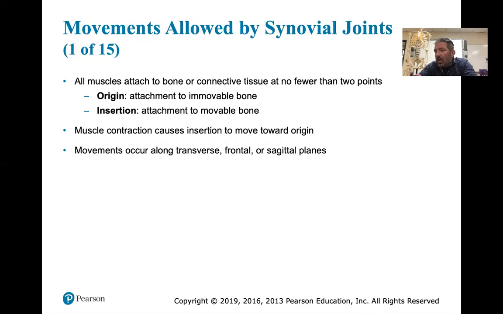Sometimes there's one origin and 2 insertions, or there's different things. Or if you're talking about sternocleidomastoid, that's a very complex muscle. It's got all kinds of different attachment sites. The origin is always the attachment to the immovable bone. All right. Now, it can be immovable or less movable. There's always going to be an exception, but just get in your head.